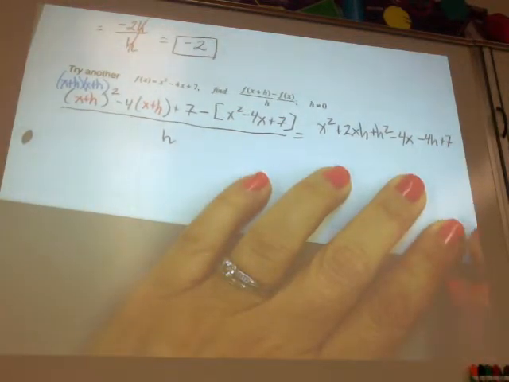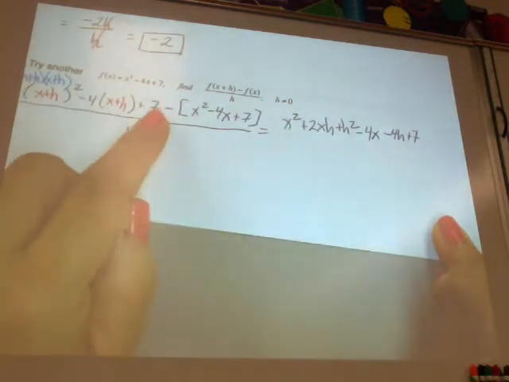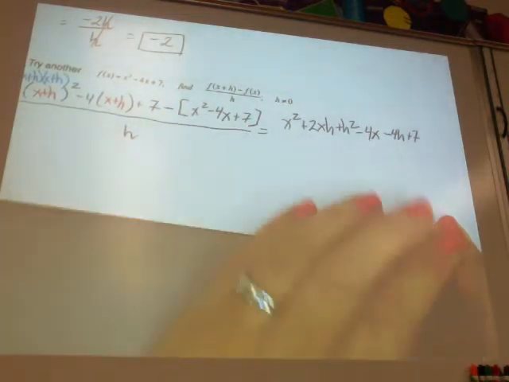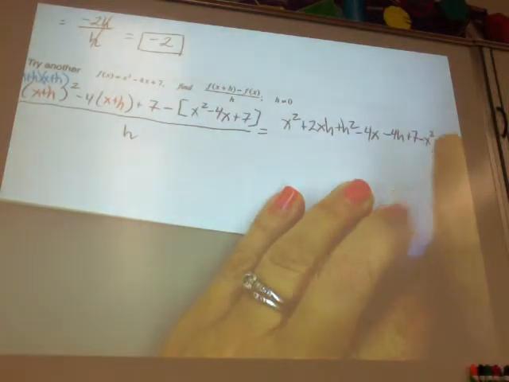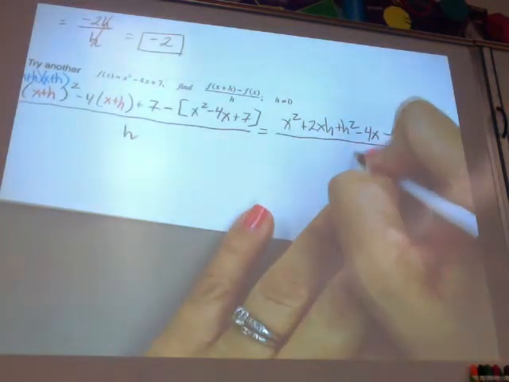Well, I'm going to have to squeeze in the last part here. Then I have to distribute this negative and basically change every sign in here. So I end up with minus x squared plus 4x and minus 7 all over h.